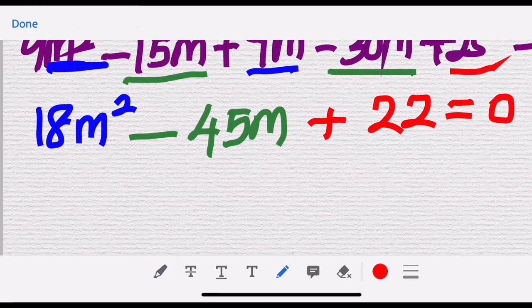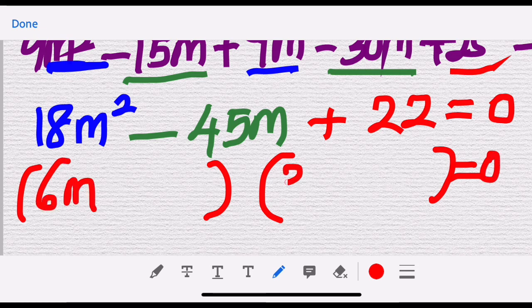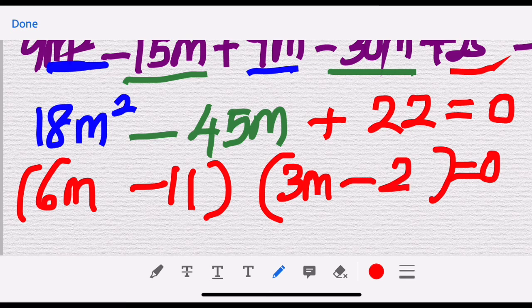So can it be simplified? If cannot, we try to factorize, because the question never asks for decimal. I think I tried this 6 and 3, and I'm going to substitute 11 here, and then here be 2. So let me see, I can get an answer.